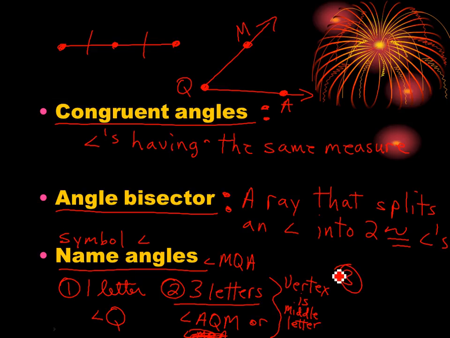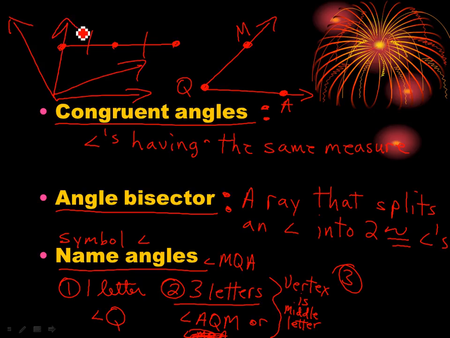Now the third way. There's one other way to name an angle, and we haven't talked about it yet, but as we go through the year and the book gets lazy and we get lazy and you want to name it an easy way, this is what the book will do. They'll put a whole bunch of angles on the picture. It might look something like this, if I could ever draw it straight.